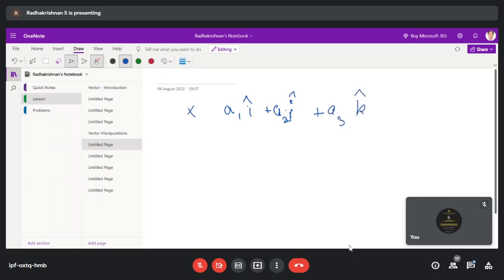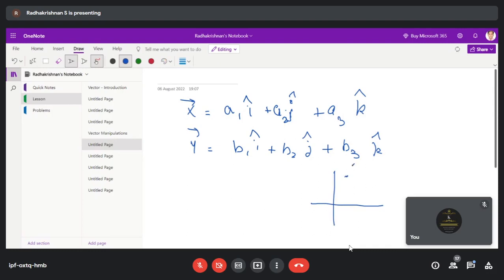So this is your vector x, and the other is b1 into i cap and so on. So this is the way the 2 points are represented. Okay. So this is your x vector and this is your y vector.